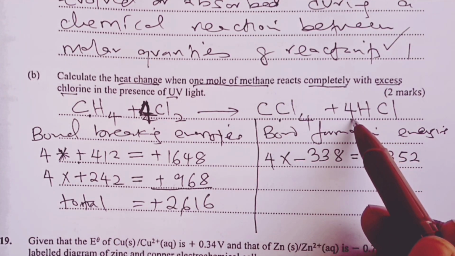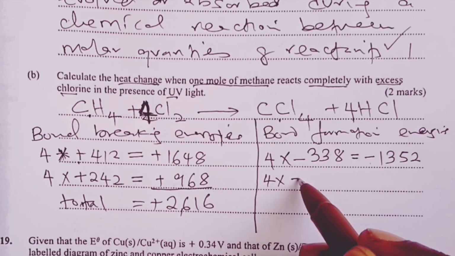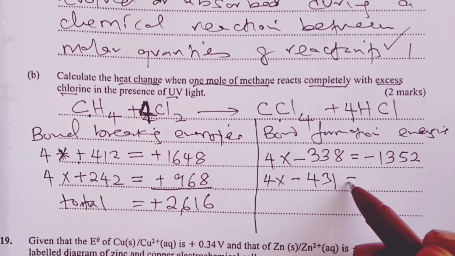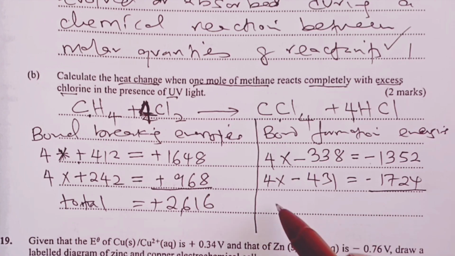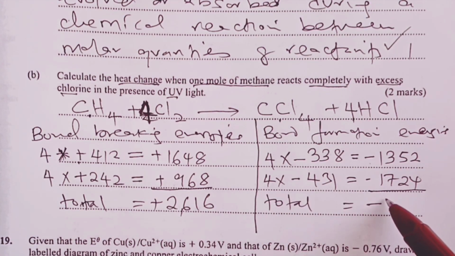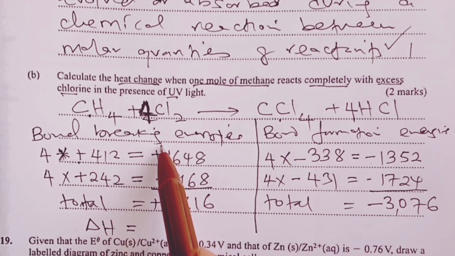Then for my hydrogen chloride, I will also form 4 H-Cl bonds. Each one of them will be accompanied by 431 kilojoules. So this gives me a total of negative 1724. Getting now the total bond formation energies, I'll have negative 3076 kilojoules.